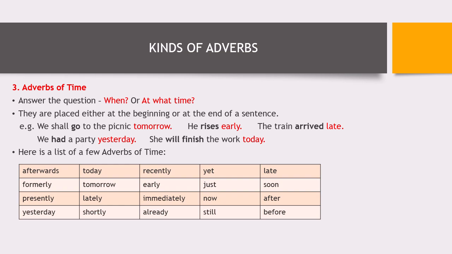He rises early. At what time? Early. The train arrived late. At what time? Late. We had a party yesterday. When? Yesterday. She will finish the work today. When? Today. A few common adverbs of time are given in the table.